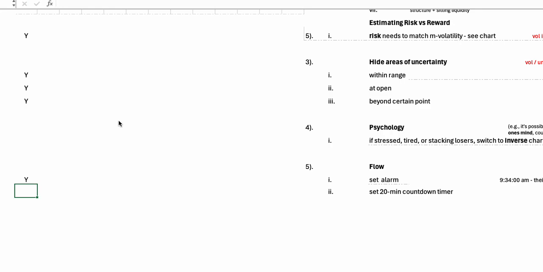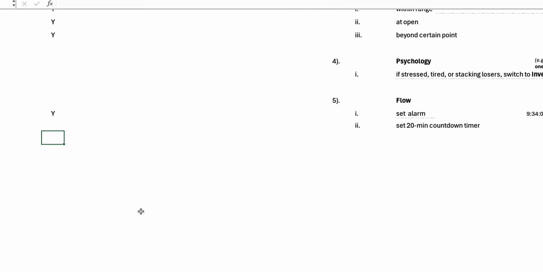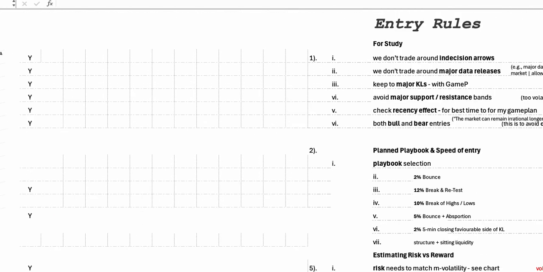We're going to need a 20-minute timer when the market opens. Now I've got that on the side. It's called sidebar on the iPad, something like that. So I've got that ready. Great, happy with that.